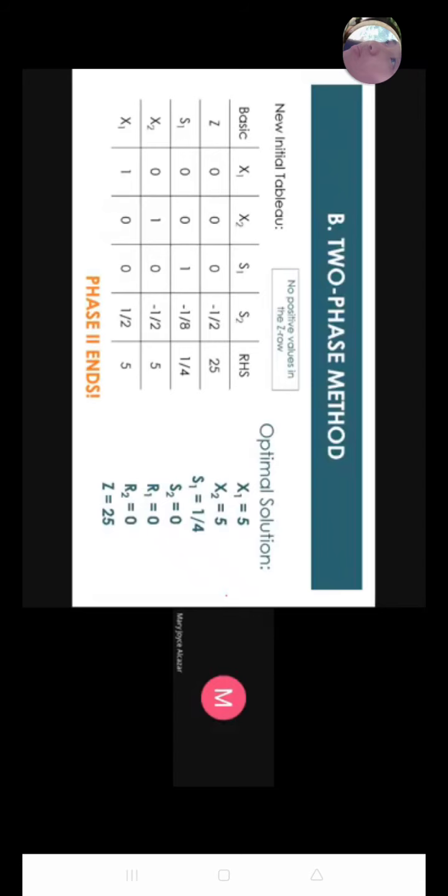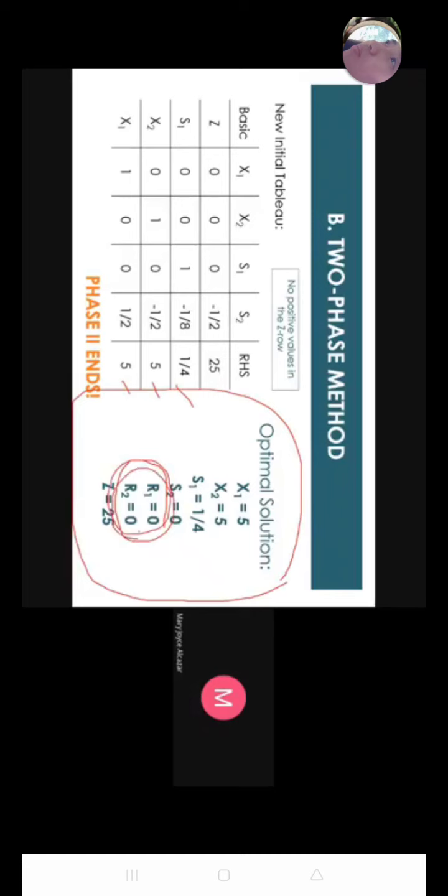Just the same as in the Big M technique, since we're solving a single problem, basically the values should be the same. So x1 is 5, x2 is 5, s1 is 1/4, s2 is 0, and the values of the artificial variables are 0.